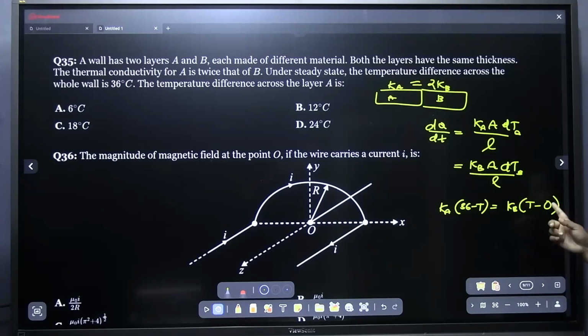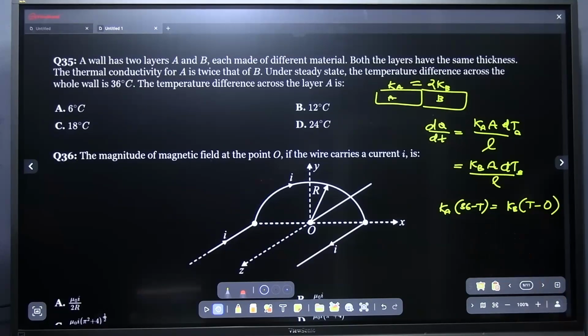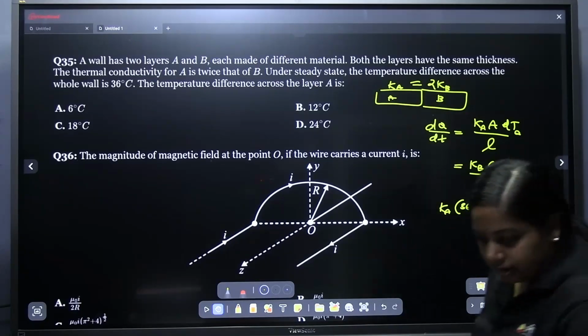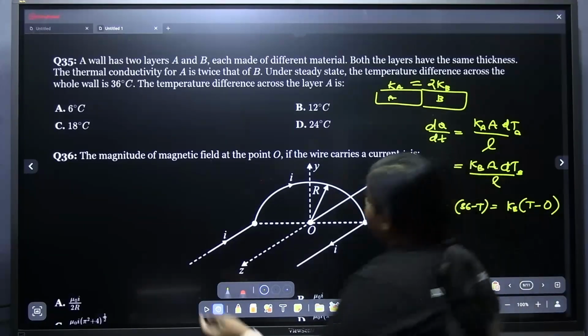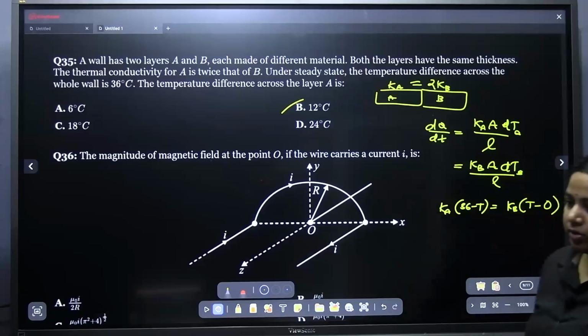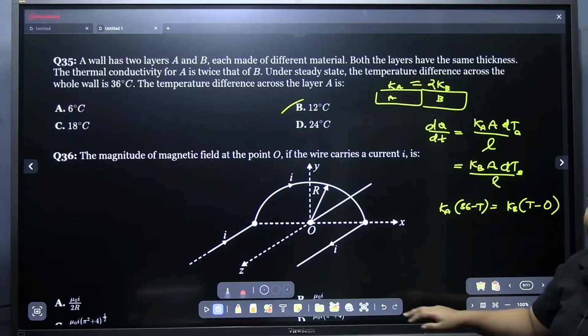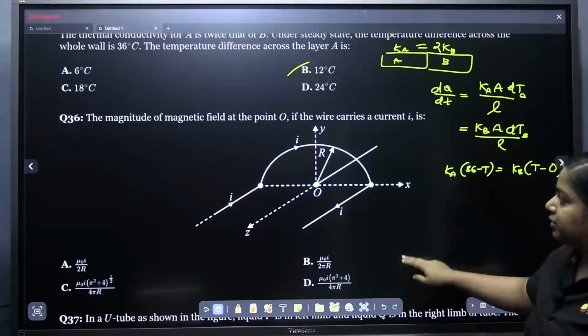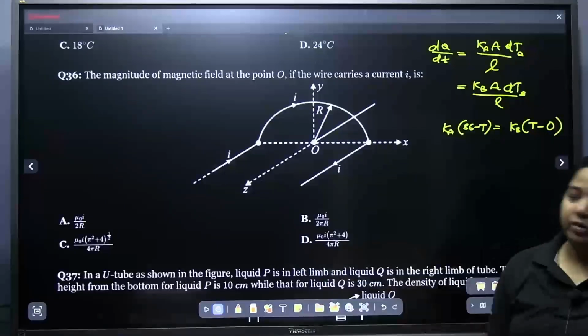So this T, the temperature difference across A, you have to find. Find T and find 36 minus T. Answer will be option B, 12 degrees Celsius. This is from conduction, thermal transfer. This question also we did in our PYQ only.